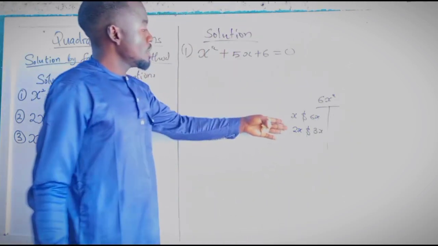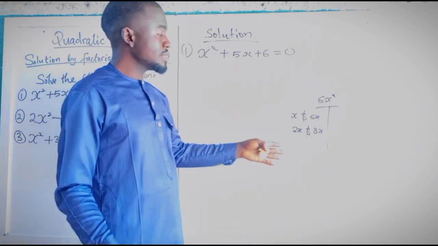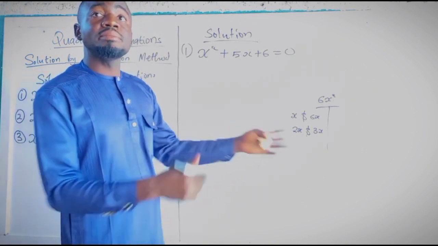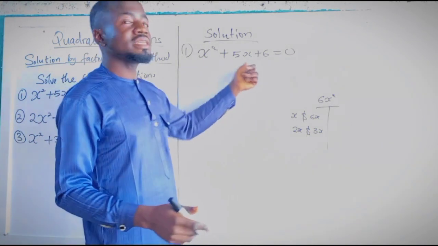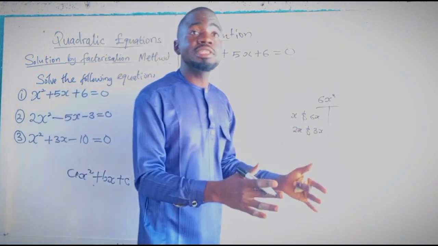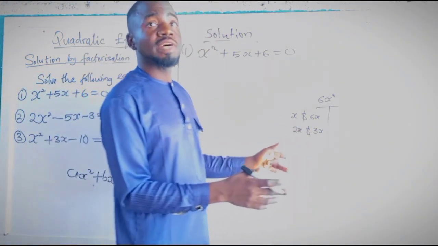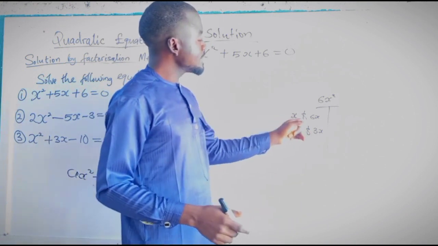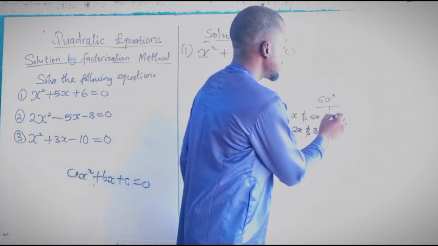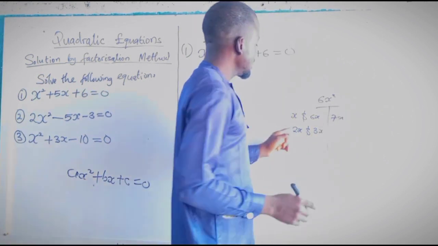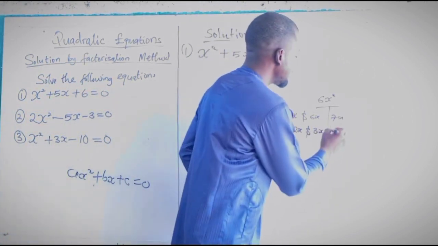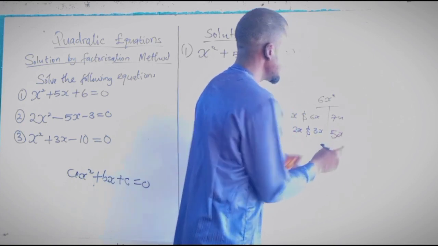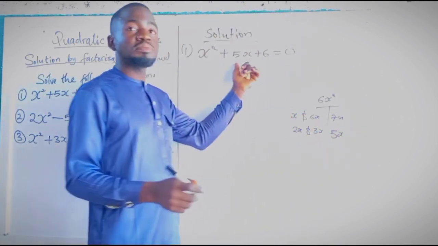Now, you can also consider negative factors like minus x and minus 6x. But in the equation, you have to look at the signs. Do we have a negative sign here? Since there is no negative sign, let's consider only positive factors. So x and 6x, when you sum them, what do you have? You have 7x. 2x and 3x, what's the sum? The sum is 5x. Of course, 5x is the same as plus 5x.